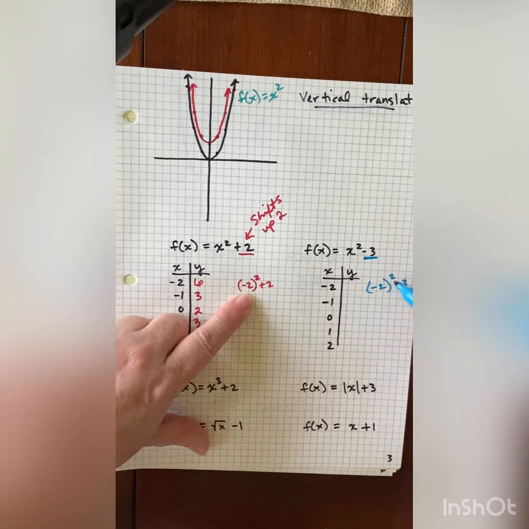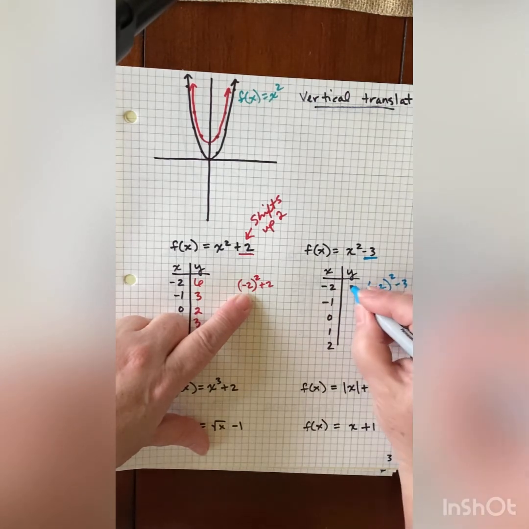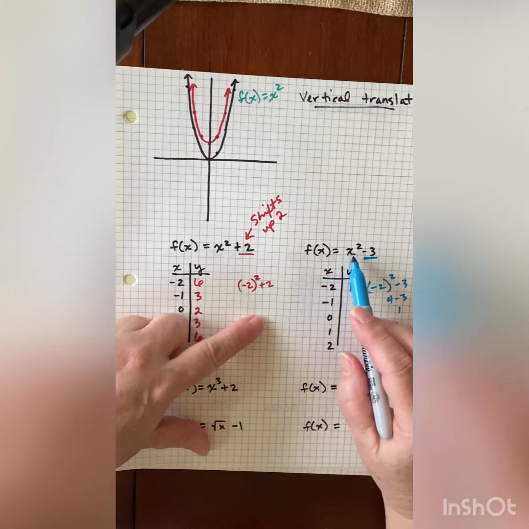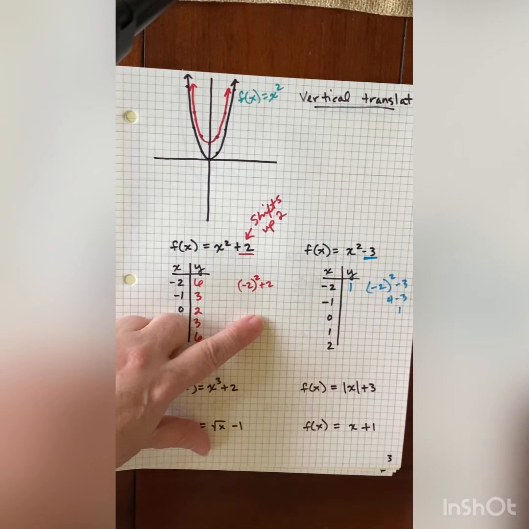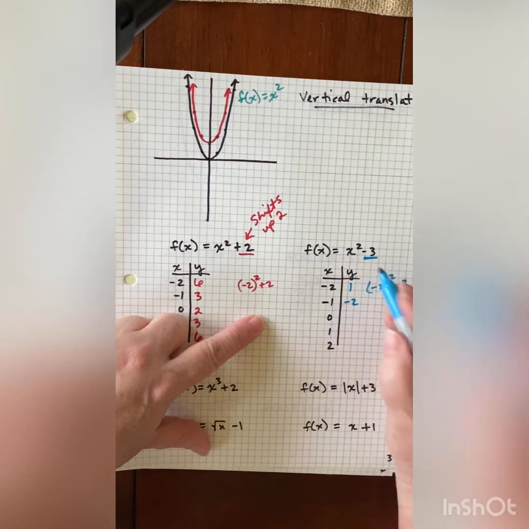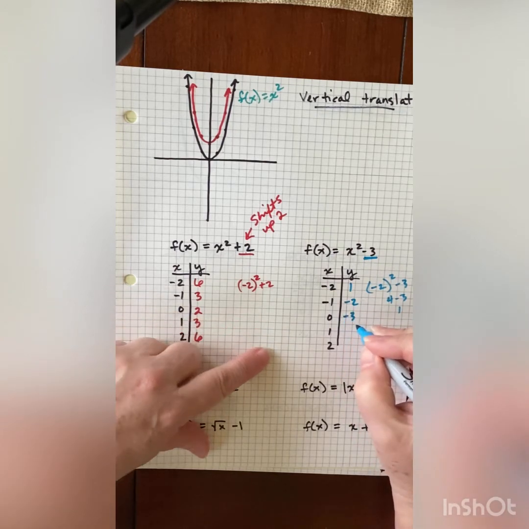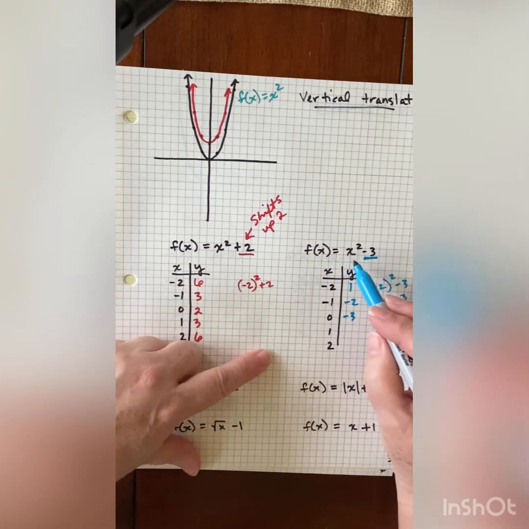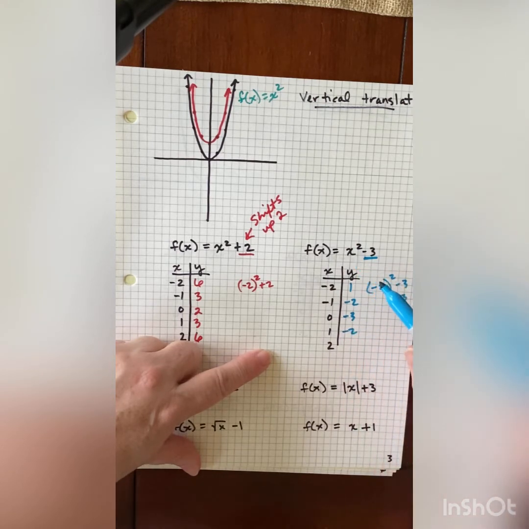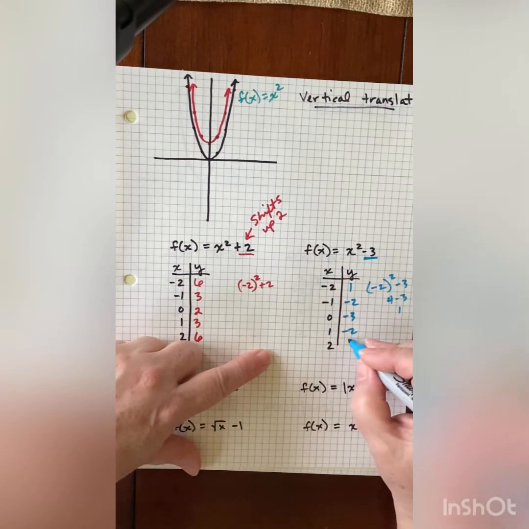So -2 squared gives me a 4, minus 3 gives me a 1. If I put a -1 in there and square it, I get a 1, then minus 3 gives me a -2. Put a 0 in there, I get a -3. Put a 1 in there, 1 minus 3 gives me a -2. Put a 2 in there, 4 minus 3 gives me a 1.